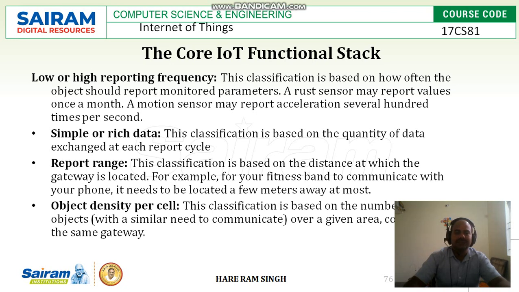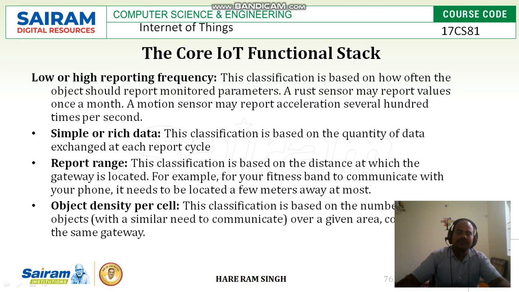They generate data in a simple way. Similarly, a fighter plane or aeroplane also generates a huge amount of data per second. So all the objects which are connected with the internet can be either simple or rich.